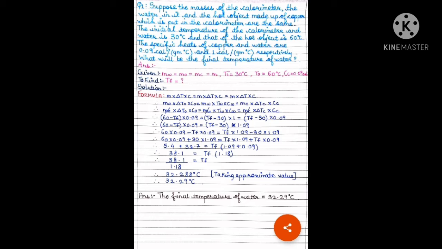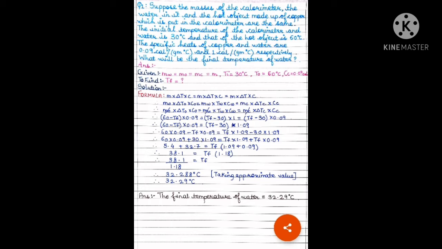Now we will get the equation as we substitute the delta TO value and the remaining values. We have cancelled out all M values. So the next equation will become 60 minus TF multiplied by 0.09 is equal to TF minus 30 multiplied by 1 plus TF minus 30 multiplied by 0.09.